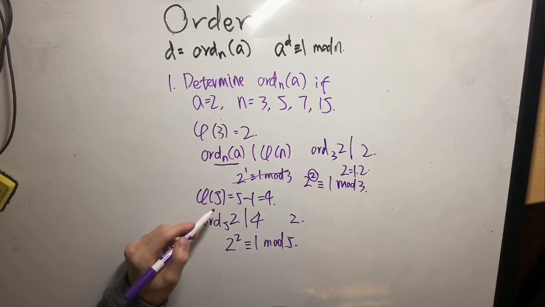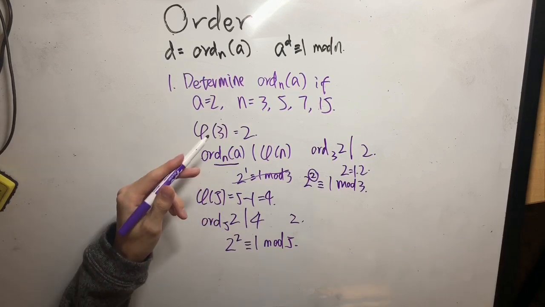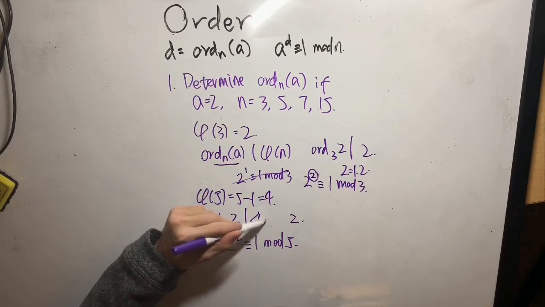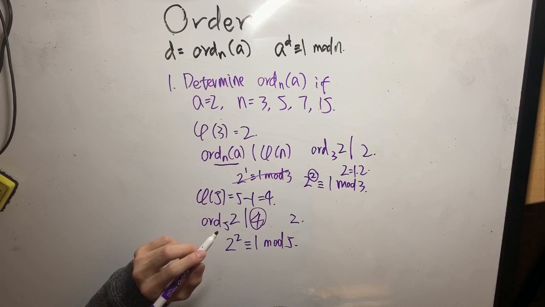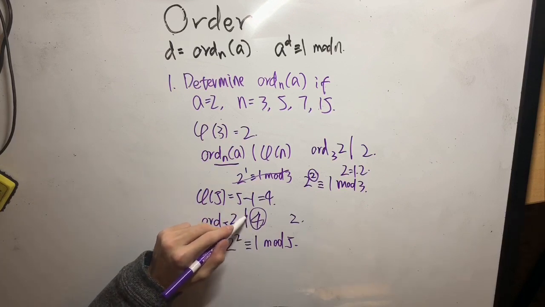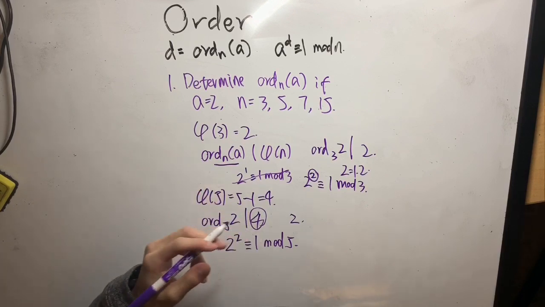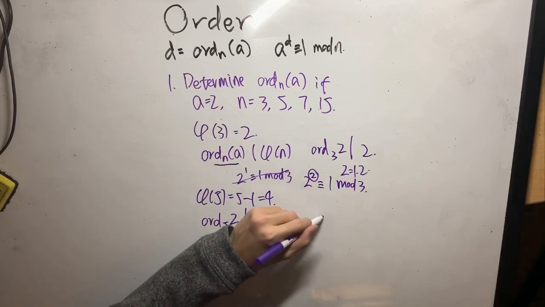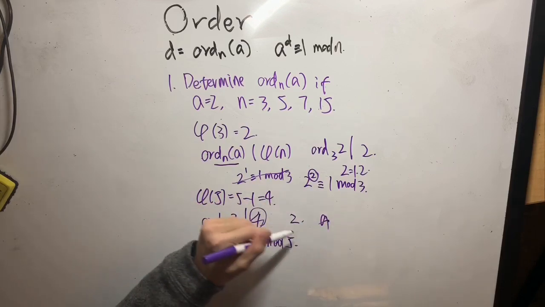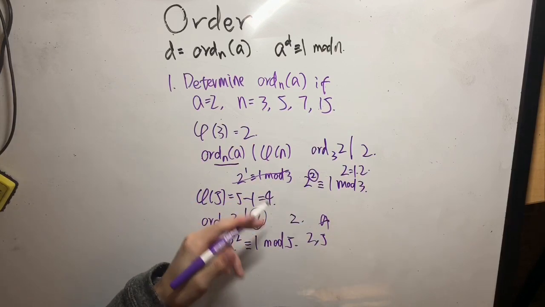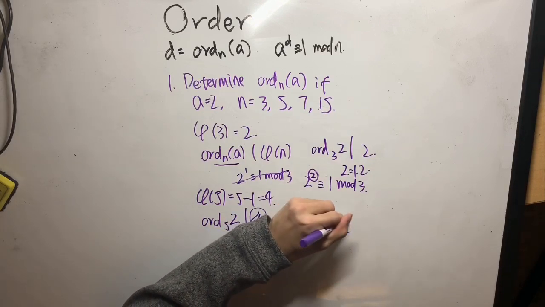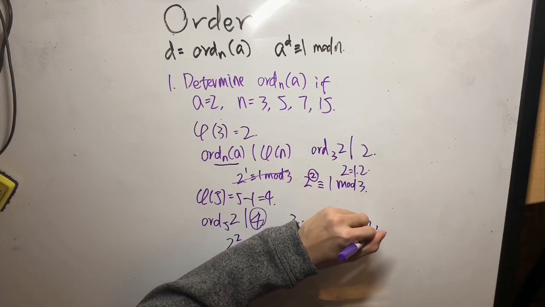Thus, in this case, the order of 2 modulo 5 is 4. This is true because of Fermat's little theorem, because 2 and 5 are relatively prime, thus 2 to the 5 minus 1 is congruent to 1 mod 5.